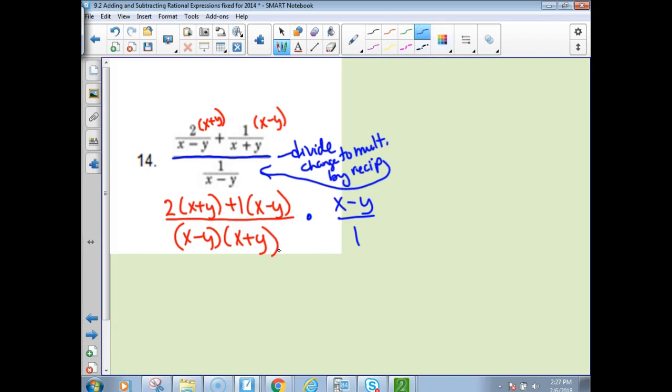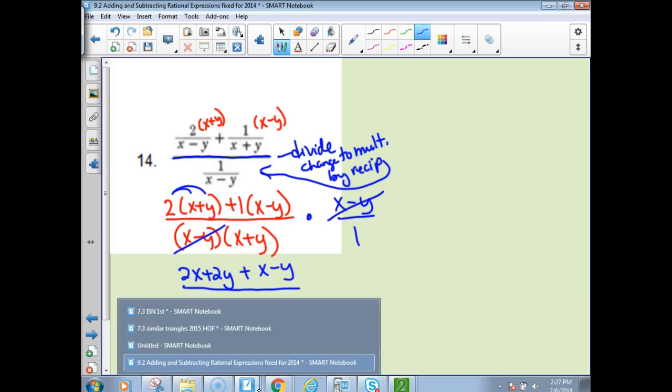Okay, so we've got a numerator to do some simplifying too. I'm going to distribute. So I've got 2x plus 2y plus an x minus y. And then what can I do with this x minus y over here and over here, where they're crossed from one another like yesterday? We can cancel that out because they're identical terms.